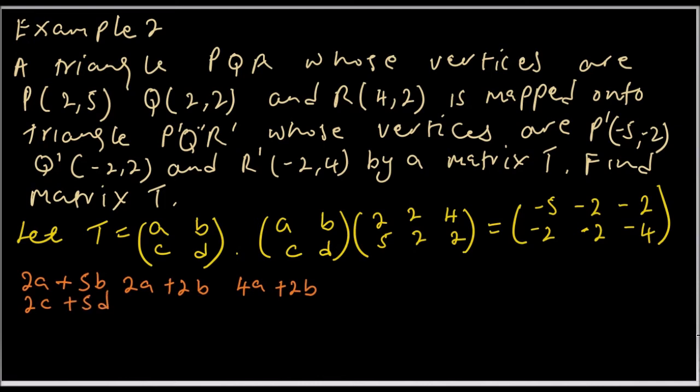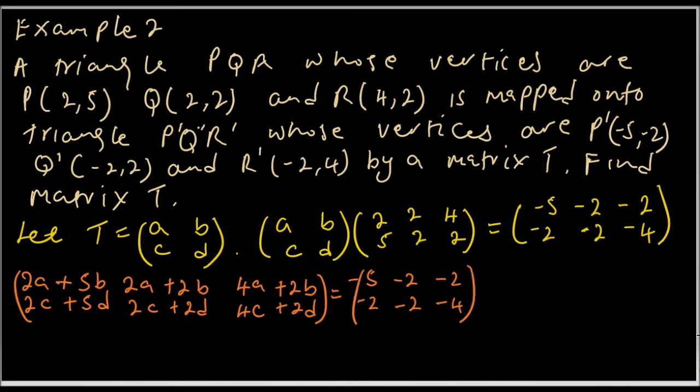So we have 2C plus 2D, and the other one is 4C plus 2D. That is one matrix. It should be equal to -5, -2, then -2, -2, then -2 and -4. So that is the setup.